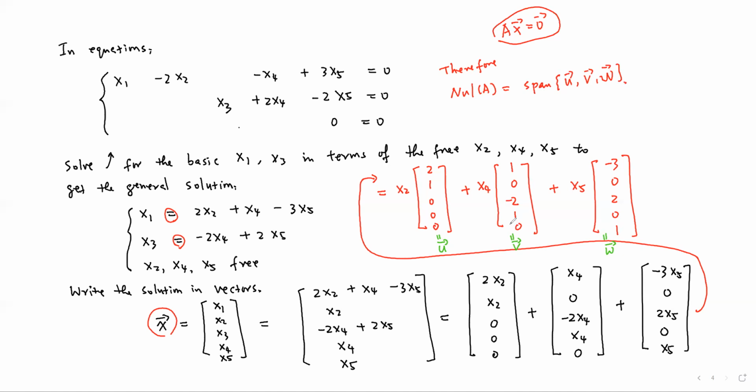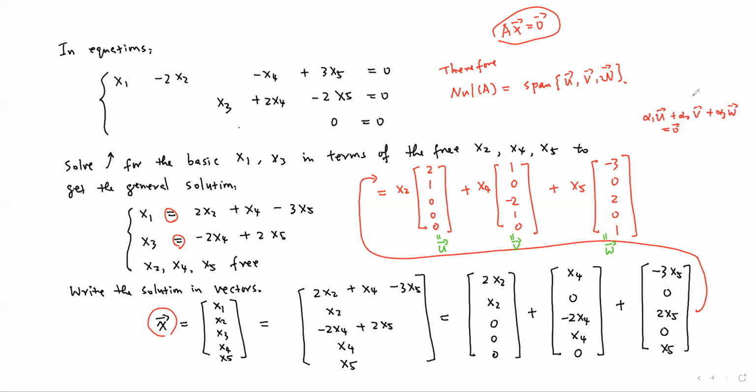And it is easy to see that these three vectors cannot be spanned by each other. They are linearly independent. How to see these three vectors are linearly independent? Solve this equation: alpha 1 U plus alpha 2 V plus alpha 3 W is 0.